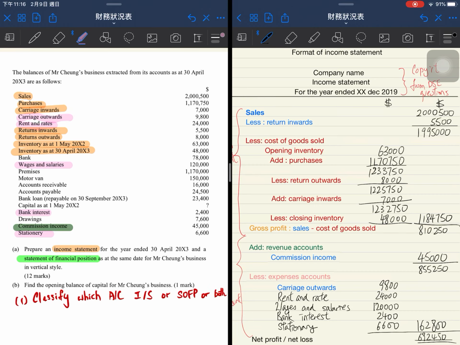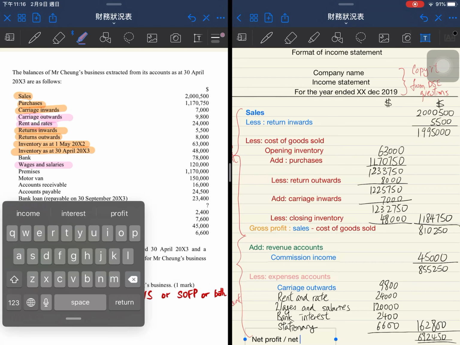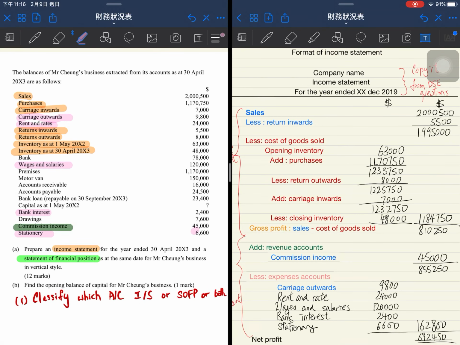So we can find the net profit, that is 692,450. This is the amount of net profit. So I hope you can learn how to prepare the income statement from this video.